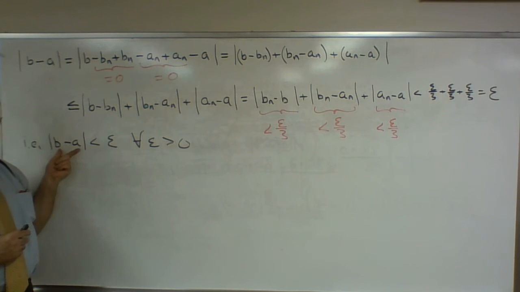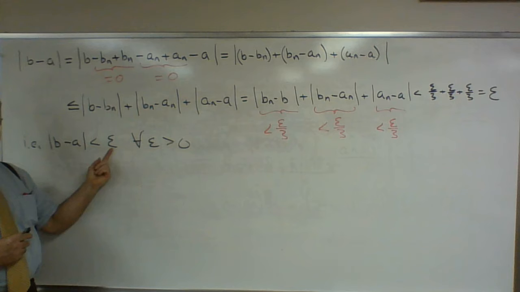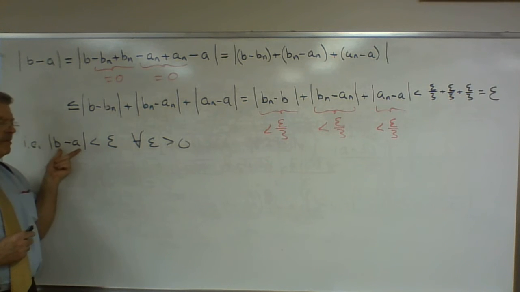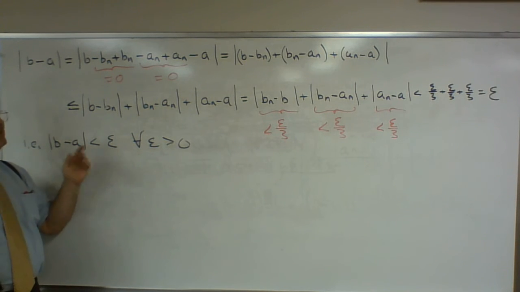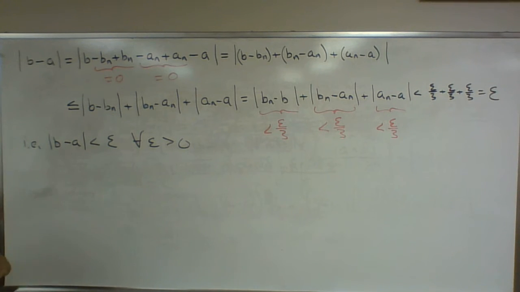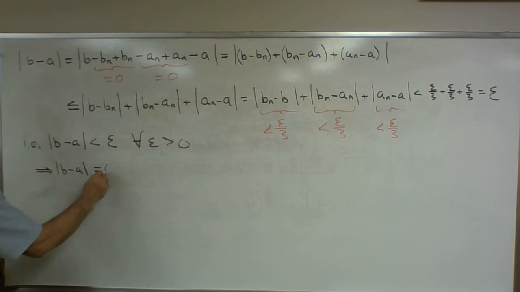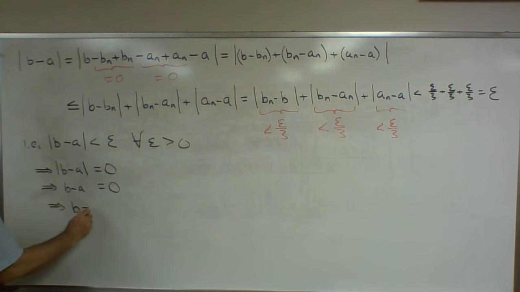So in a sense, if we assume that b minus a is positive, we're claiming that b minus a is less than itself. And that can't happen. So b minus a absolute value is less than epsilon. That implies that b minus a absolute value is 0, which means that b minus a is 0. And that means that b equals a.